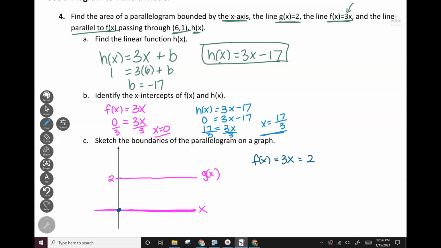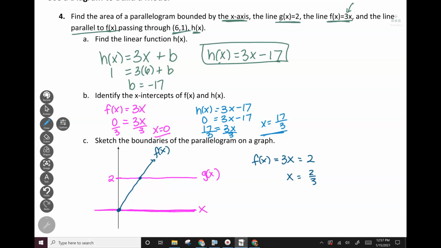But actually that's not going to really help us, but you could do it. So x equals 2 thirds. So it would intersect at 2 thirds, wherever that is. So this is f of x.